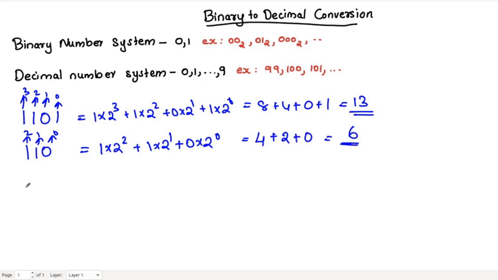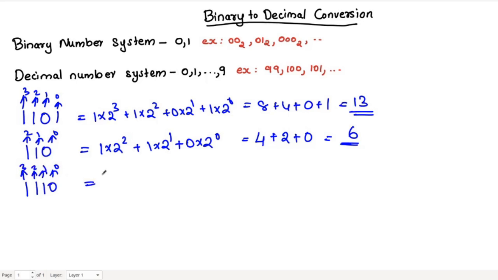The next example is 1110. We have 4 bits. Again we write the indices 0, 1, 2 and 3.